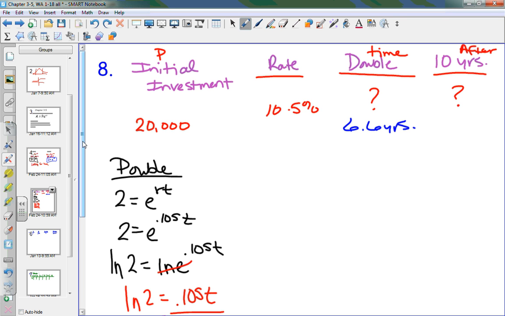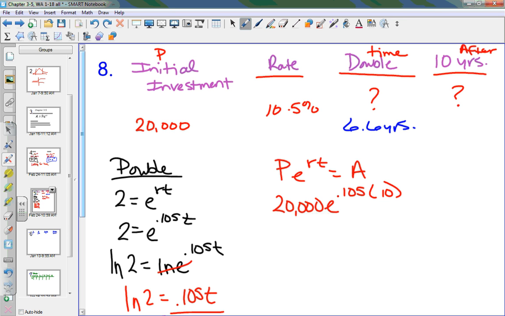Now, how do I find the amount of money in my bank account after 10 years? Well, I have to use Pert. $20,000 is how much I have. E is a number, R is 0.105, and what's T? 10. So you simply plug that into your calculator.